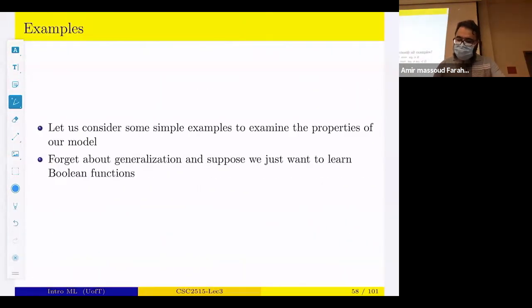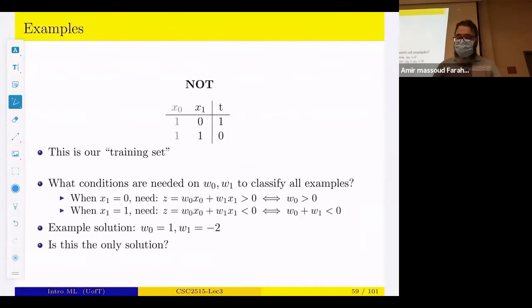Okay, so I'm quickly going through a few artificial examples showing what this linear model can represent. Now the concern is not about generalization, we just want to learn a Boolean function. So assume that inputs are Boolean, and we want to predict some function like AND, NOT, OR, or XOR of these inputs.